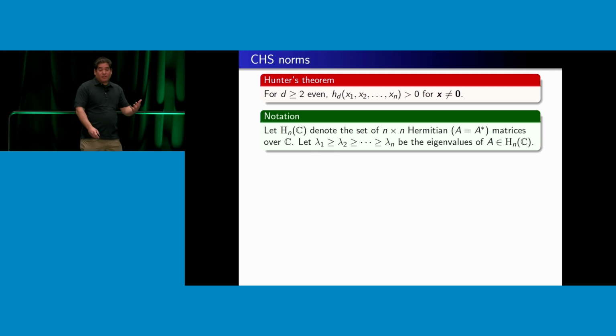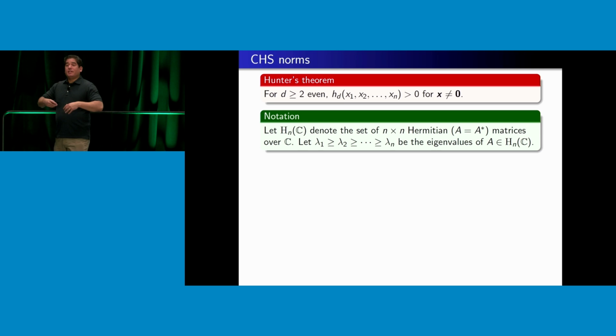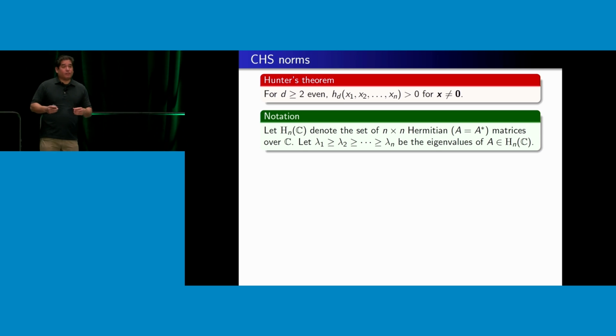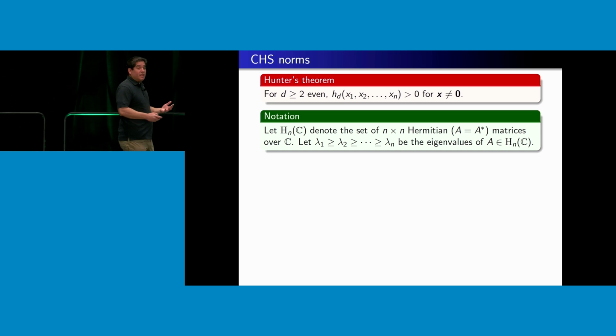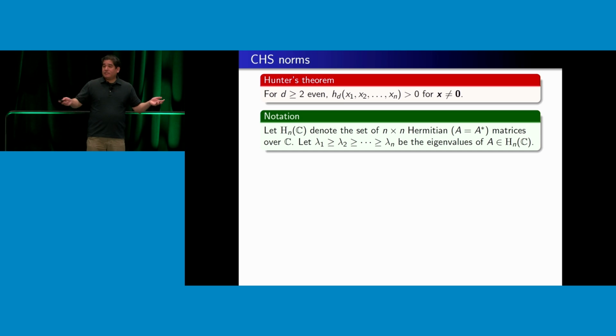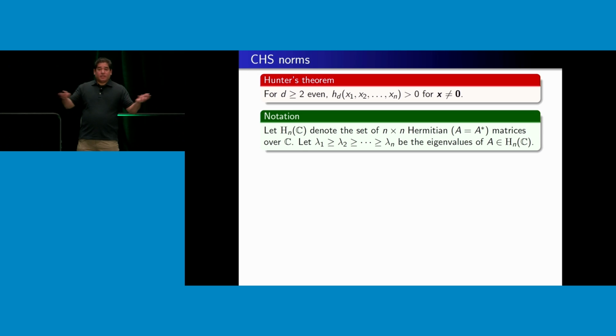So I'll take a look at the set of Hermitian matrices. A matrix equals its own conjugate transpose. So for students, star is the conjugate transpose. If you're more comfortable with real matrices, just think of real symmetric matrices, A equals A transpose. A Hermitian matrix has real eigenvalues, and you can list them lambda 1 to lambda n. And so I've got these real numbers, the eigenvalues of some typical Hermitian matrix.